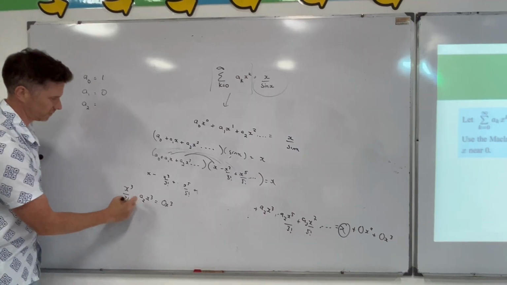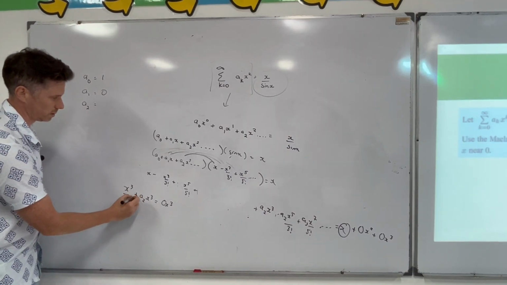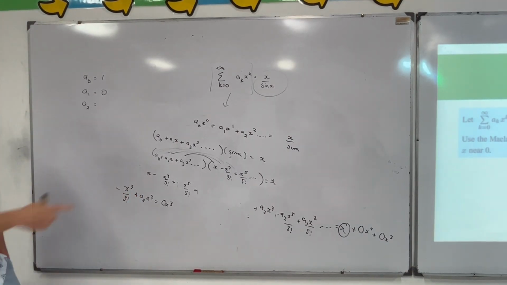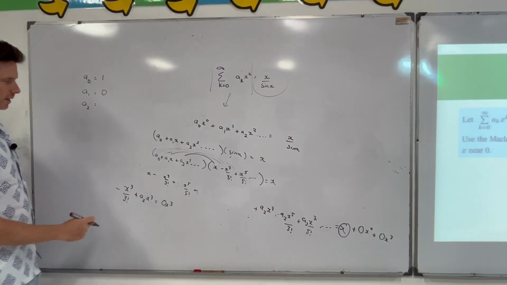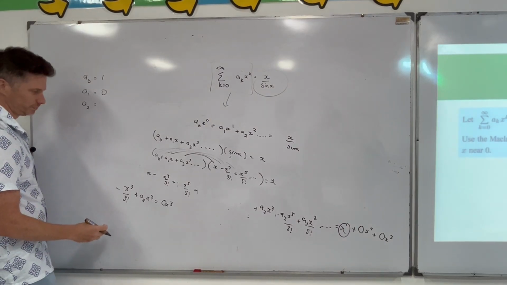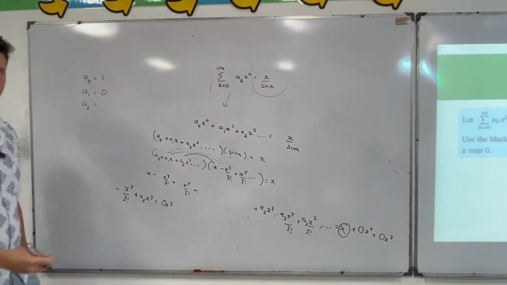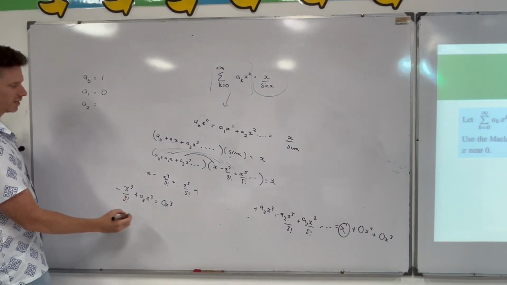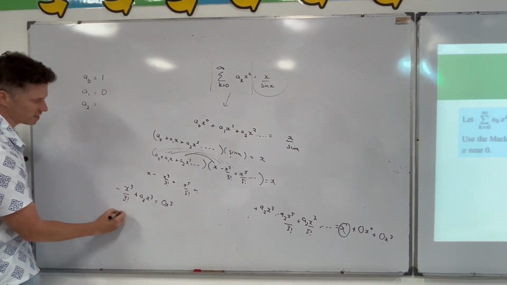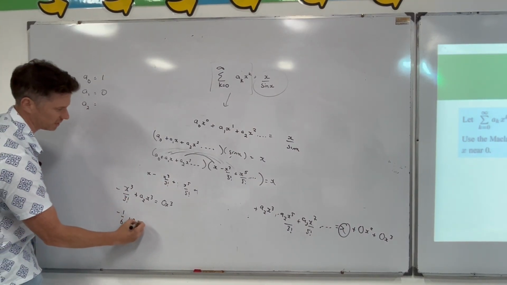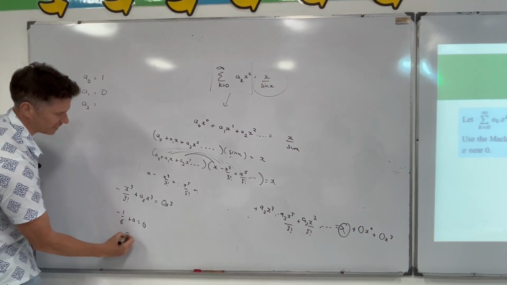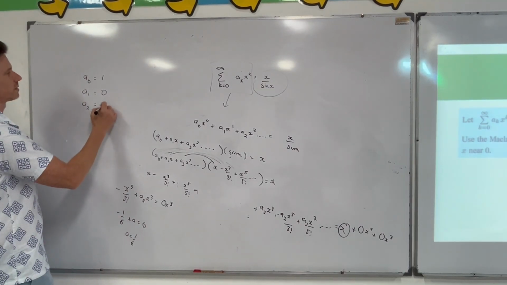Oh, this one's negative? Sorry. Negative x cubed over 3 factorial. Yeah, you're right, of course. All right, so what's A2? 1/6. Yes, very good. So the x cubes will all cancel. This is 6. So you get negative 1/6 plus A2 is equal to 0. So A2 is equal to 1 over 6. And now we've done it.